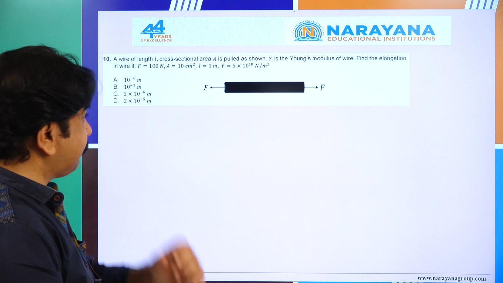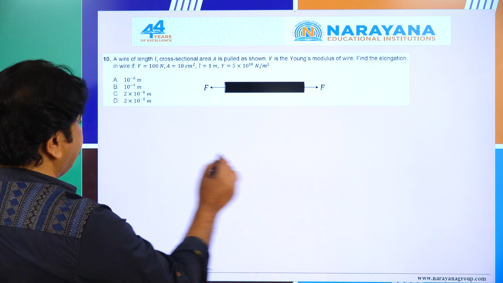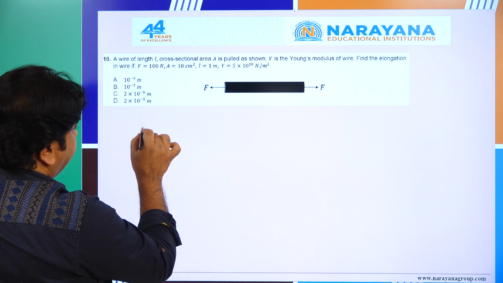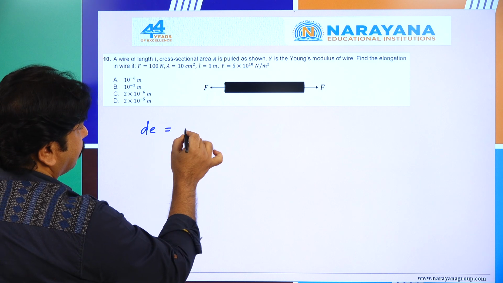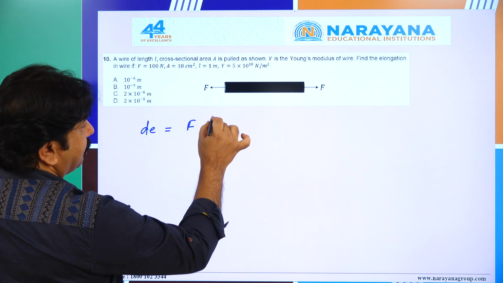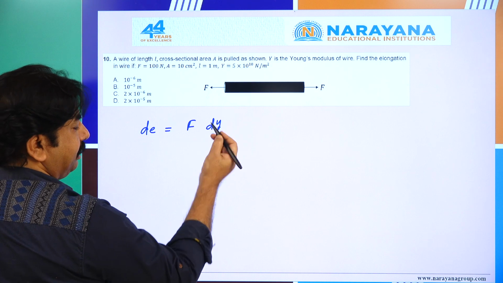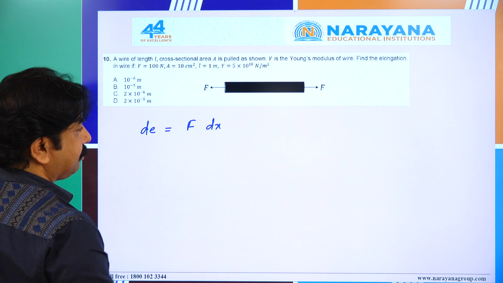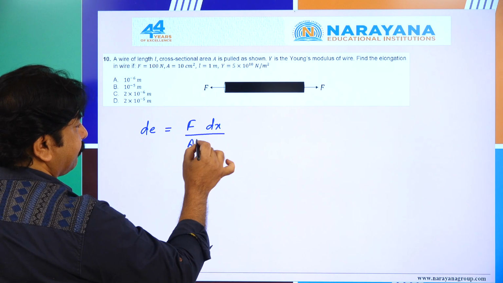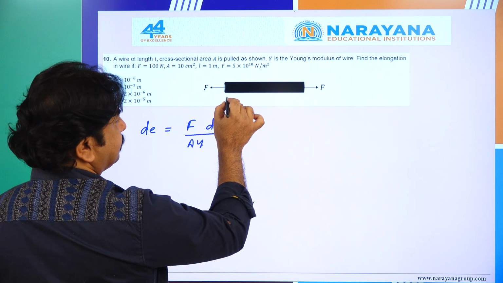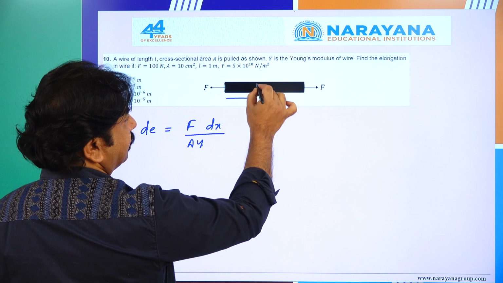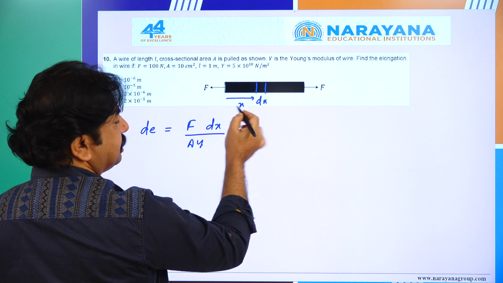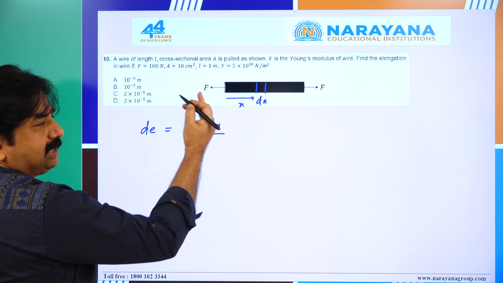Now concentrate. Here also the basic formula for the elongation is d delta equal to F dx by AY, where dx is a certain element of length at a distance x from one of the ends.